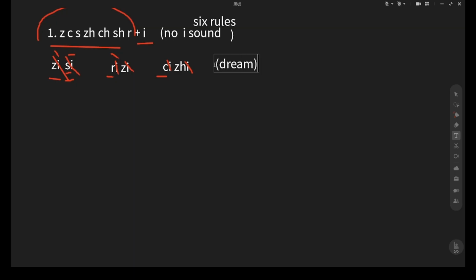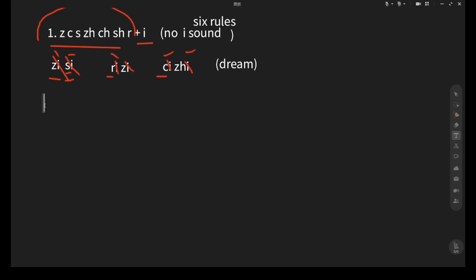So I mark a tone: second tone. So 辞职, yes. Read after me: 辞职.